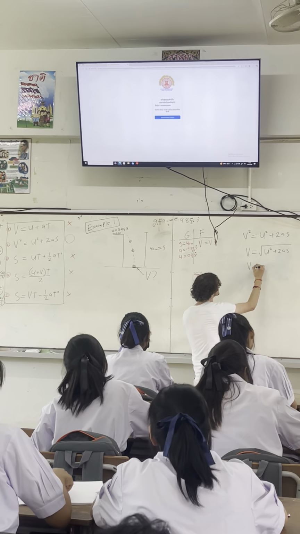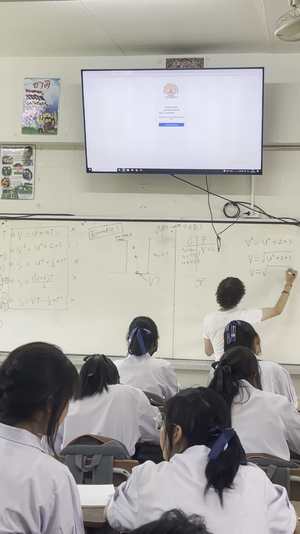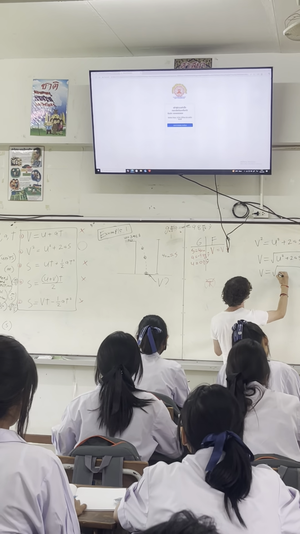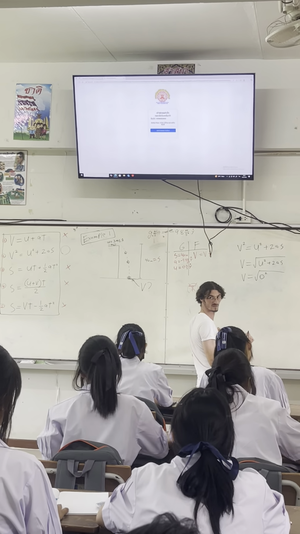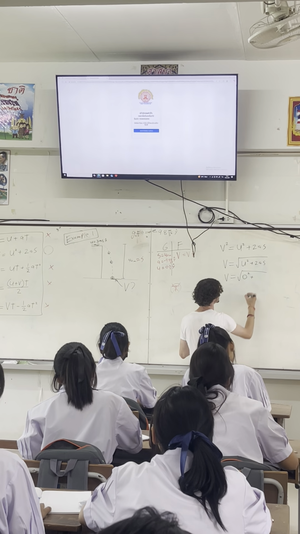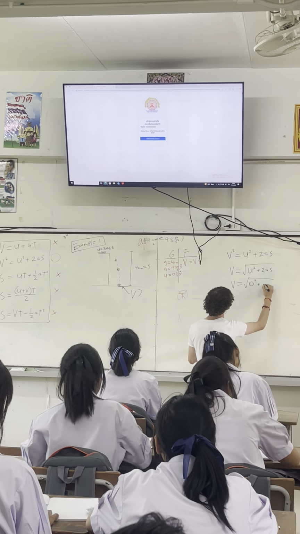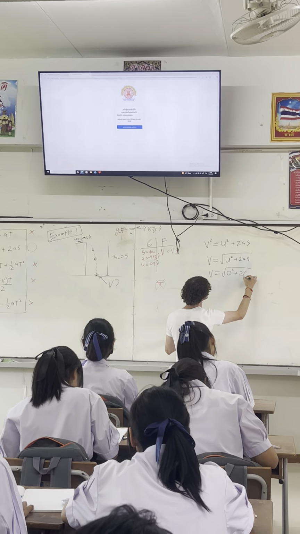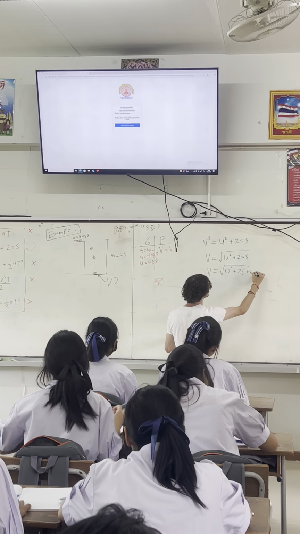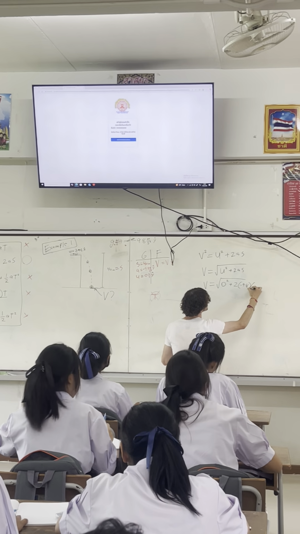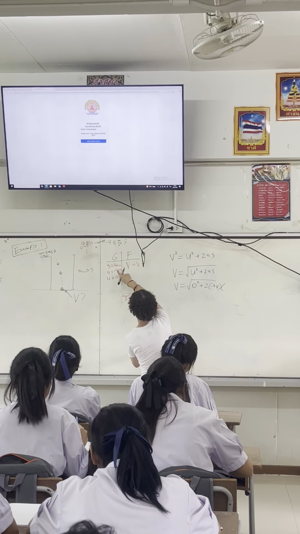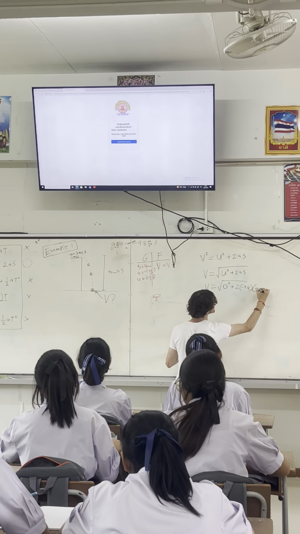v equals the square root of u, which is 0 squared, plus 2 times negative 9.8 times s, 40.